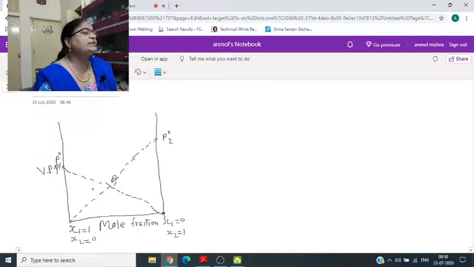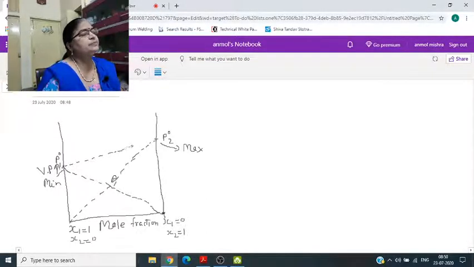In this graph you can see that P01 has the minimum value and P02 has the maximum value, and when we draw a line, this linear line gives the result of P total, P1 plus P2.